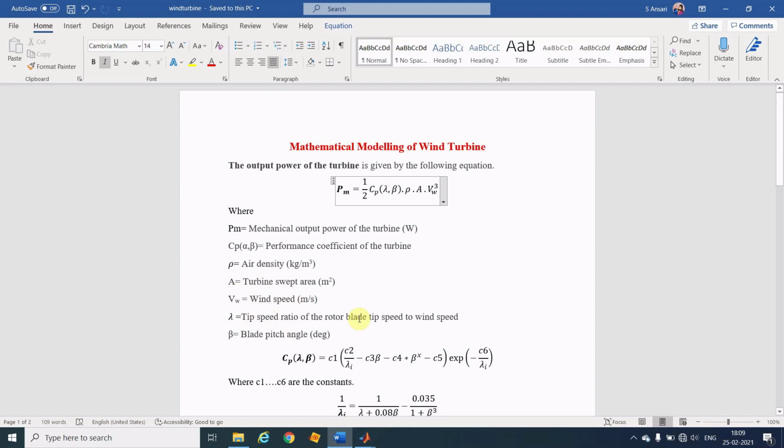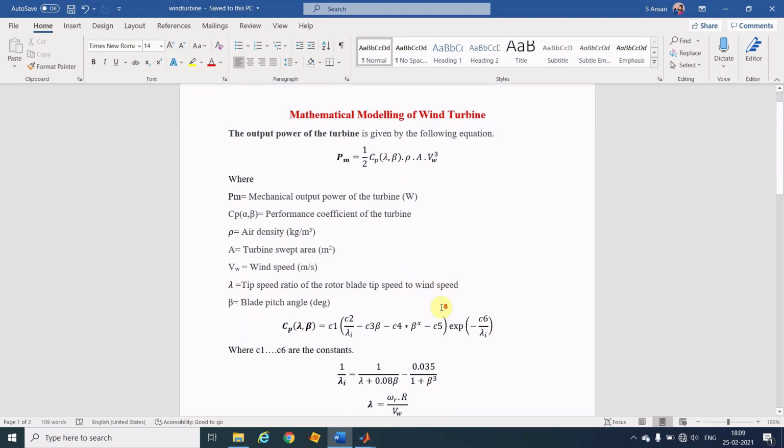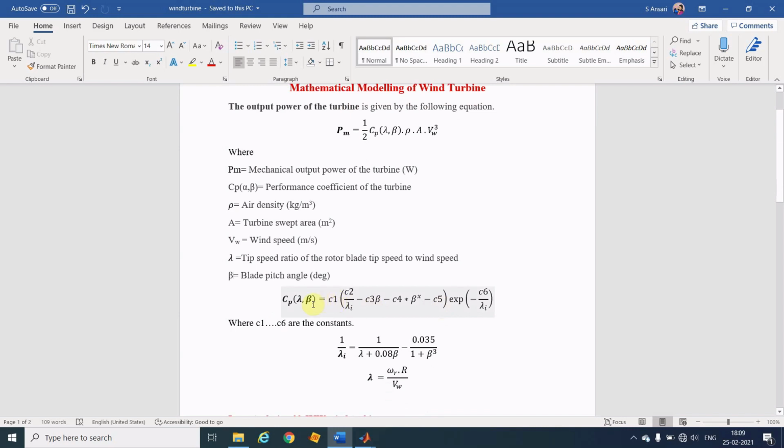For details you can refer to any standard journal paper to get a basic idea of the lambda definition and beta definition. I am not going to discuss all these definitions. Cp is given by a mathematical equation; there are many such equations, and I am using this one.